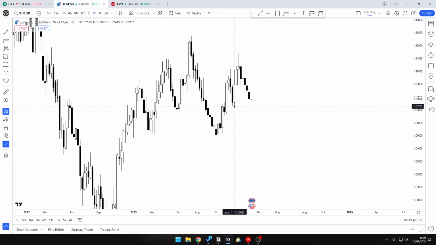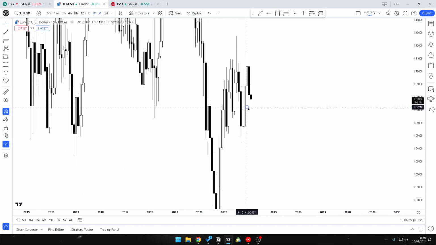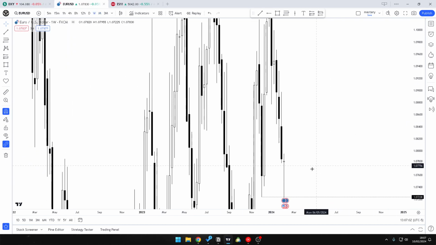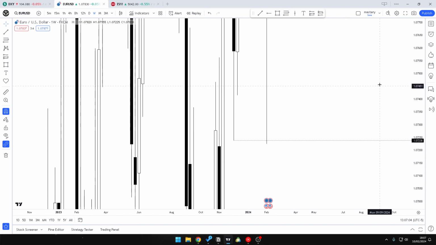But on EU price made this accumulation, and after reaching into this monthly low, which is shown as the December low of the month, price consolidated a little bit. So instead of the purge that the DXY saw, we saw this small wick.